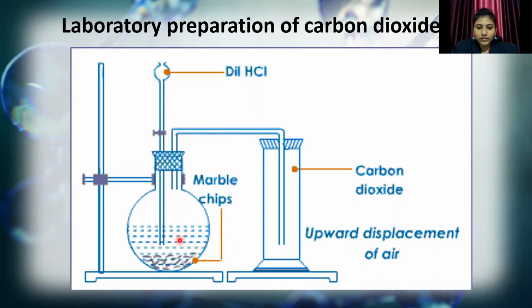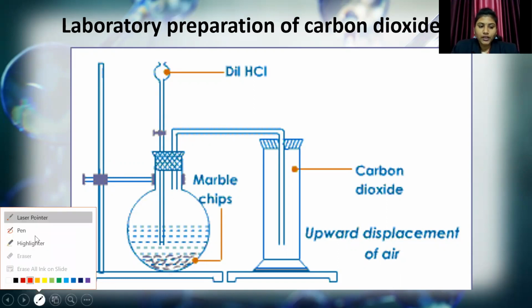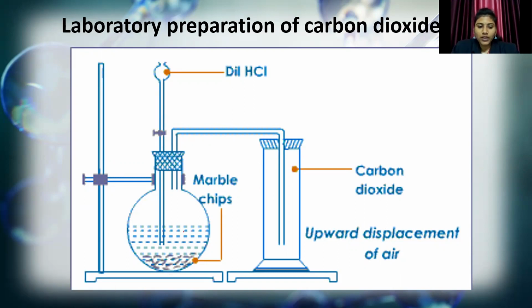Before closing the round-bottomed flask, we are taking marble chips. Marble chips are actually calcium carbonate. Chemically, marble chips are calcium carbonate. So one of the reagents here is calcium carbonate, which is taken in the round-bottomed flask.